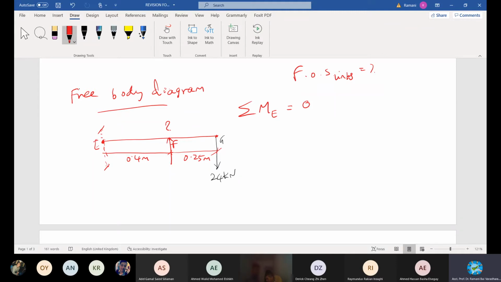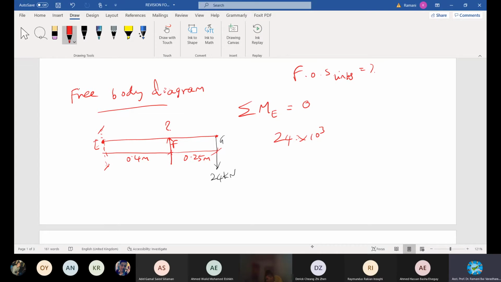Start from G, 24 kilonewton. Positive or negative? We'll change to Newton. Positive, right? It is rotating clockwise, this way. So positive, and then going to F, what is the distance?